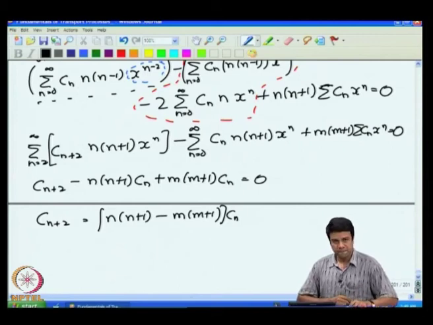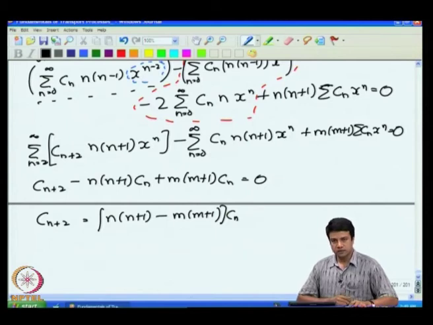How about C0 and C1? Note that we were solving a second order differential equation for x or for theta. Therefore, there are two constants which are determined from the boundary conditions. Those constants are C0 and C1.